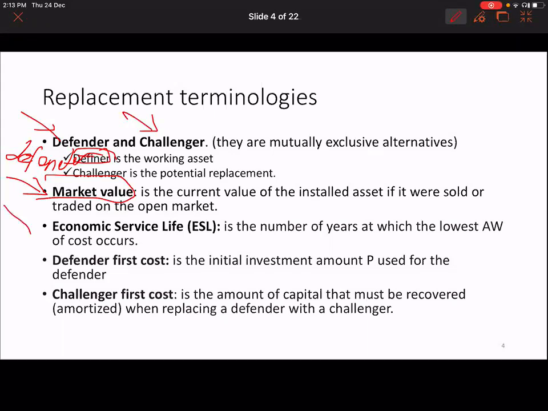The third terminology is economic service life.